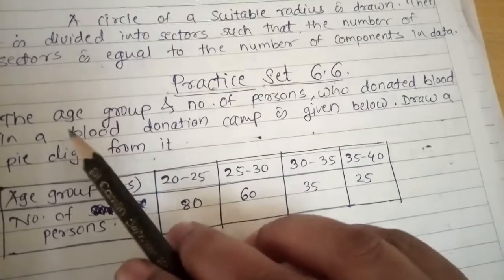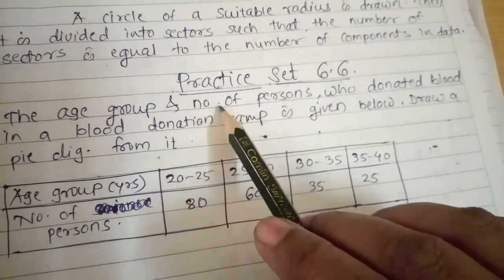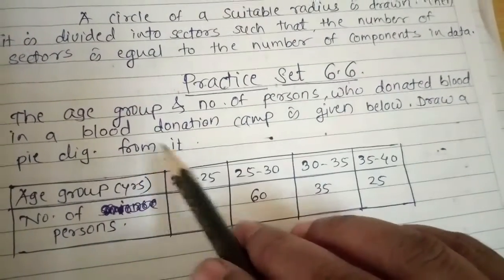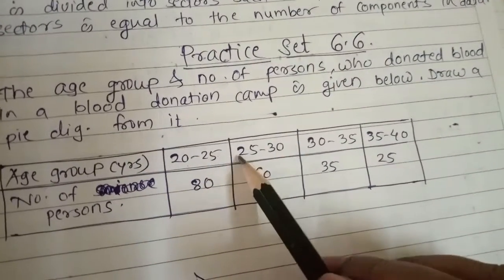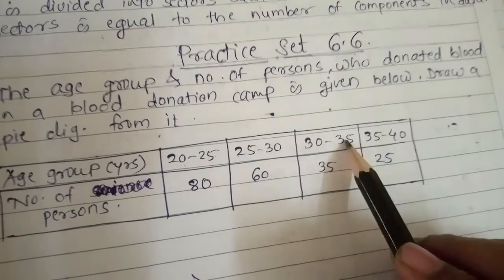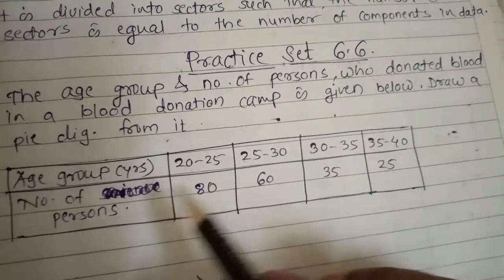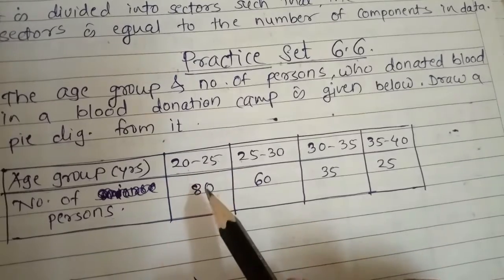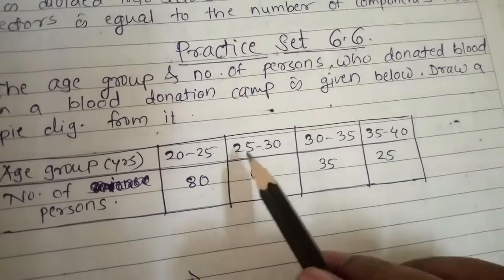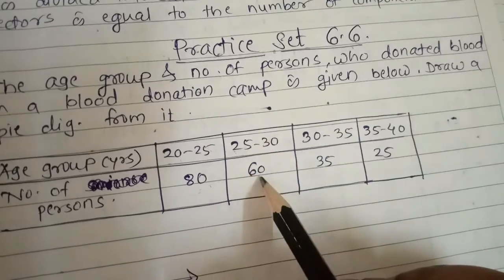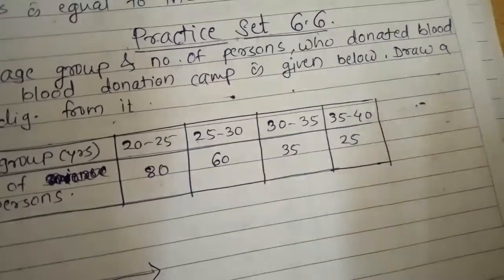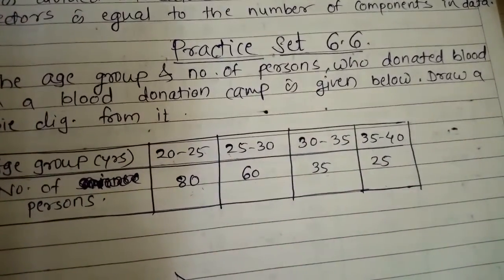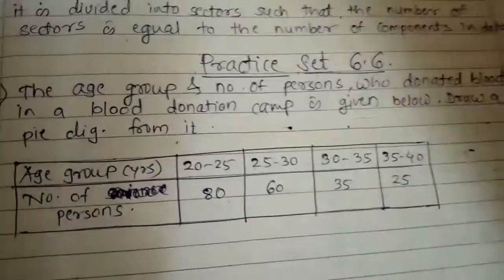We are given the age group in years, that is 20 to 25, 25 to 30, 30 to 35, 35 to 40, and the number of persons: in the 20 to 25 years age group there are 80 persons, between 25 and 30 there are 60 persons, 30 to 35 there are 35 persons, and between 35 to 40 age group 25 persons are there. We have to show this information with the help of a pie diagram.